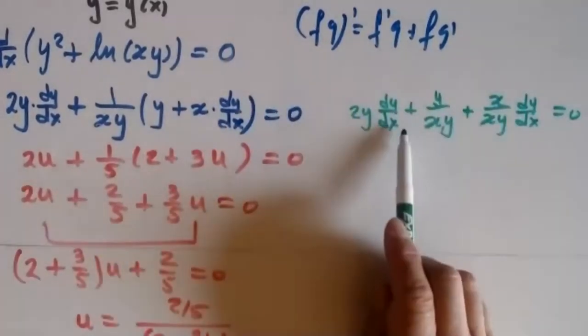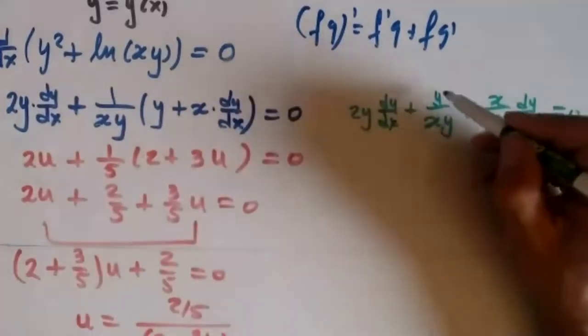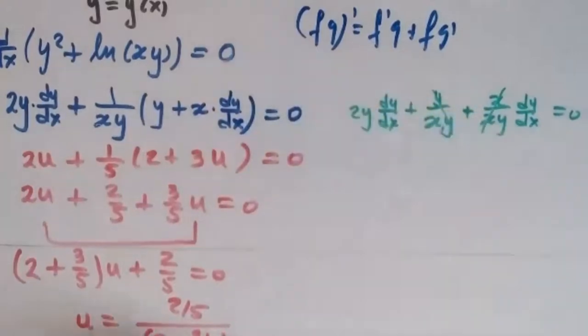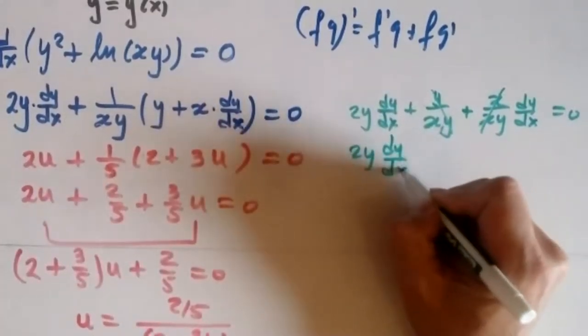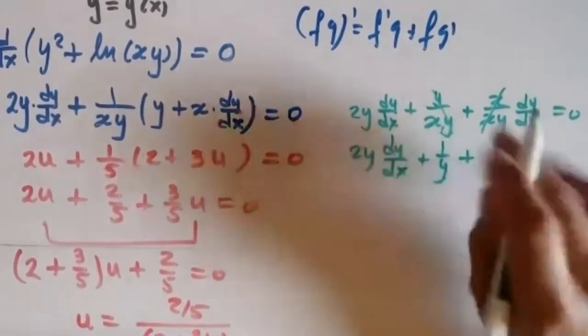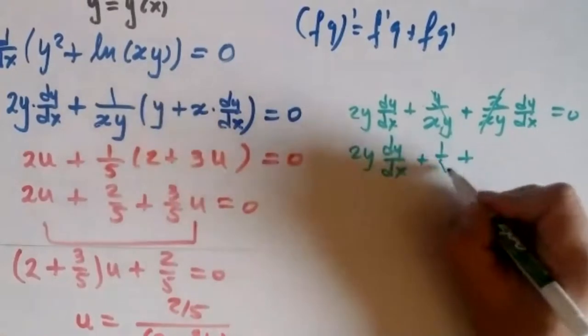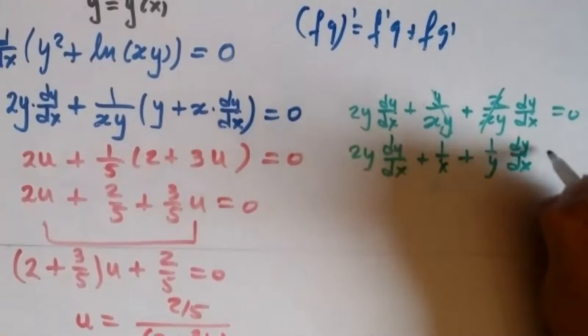So I distribute this xy with these two, right? Here I can simplify the x's, here I can simplify the y's. So I have 2y dy/dx plus 1 over x, 1 over y, dy/dx equals 0.